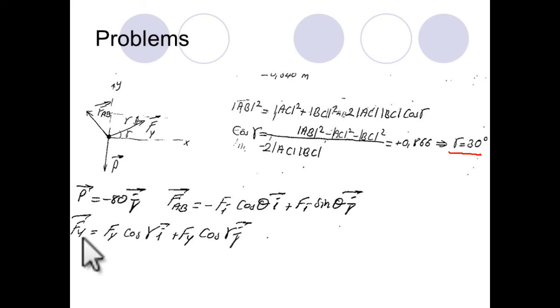now the force that's coming from the spring, we say the magnitude is Fi, and it is equal to Fi multiplied by cosine gamma i plus Fi multiplied by, sorry, please correct it, this has to be sine, by the way.